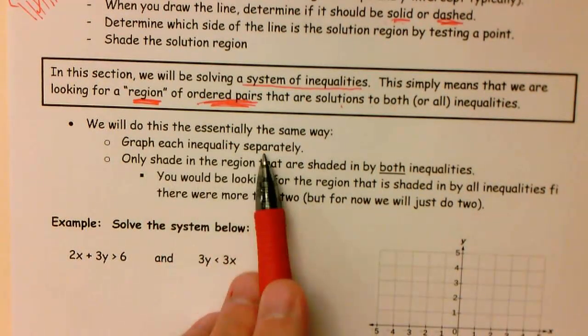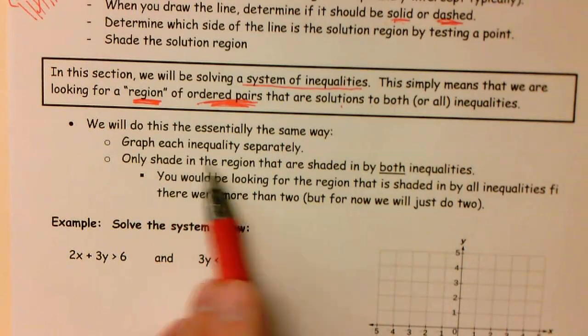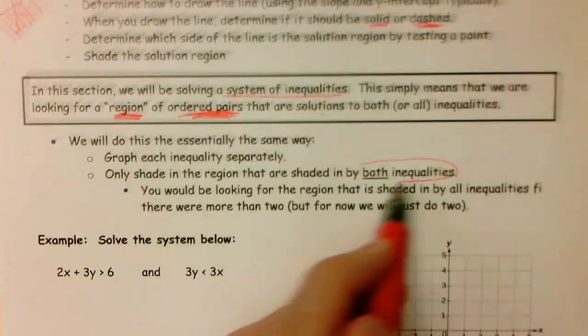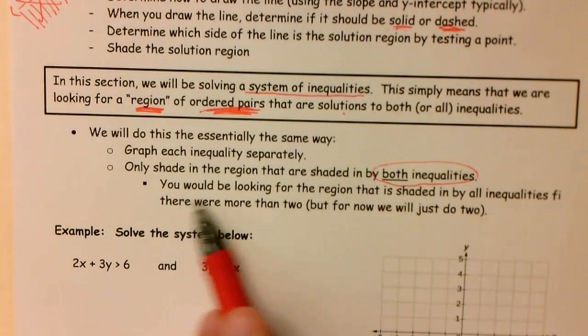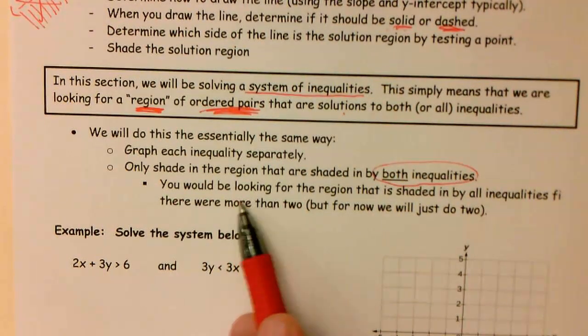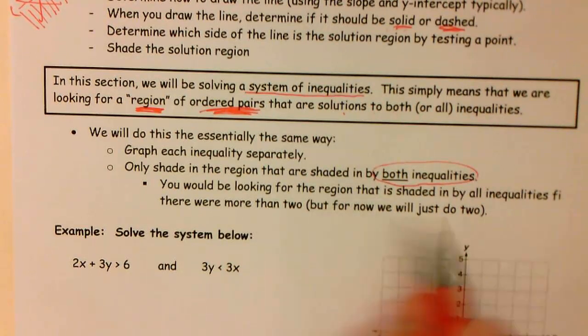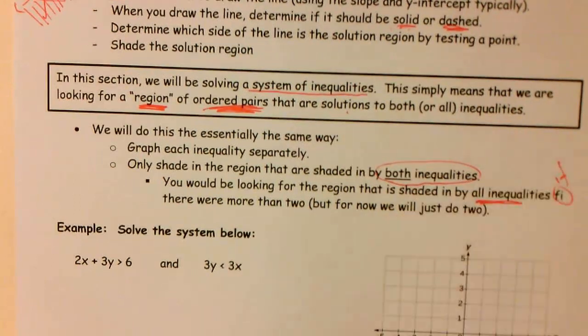Graph each inequality separately, as you've done before, but only shade in the region that is shaded by both inequalities. If there were more than 2, you would be looking for the region that is shaded by all inequalities. But for now, we're just going to be doing 2.